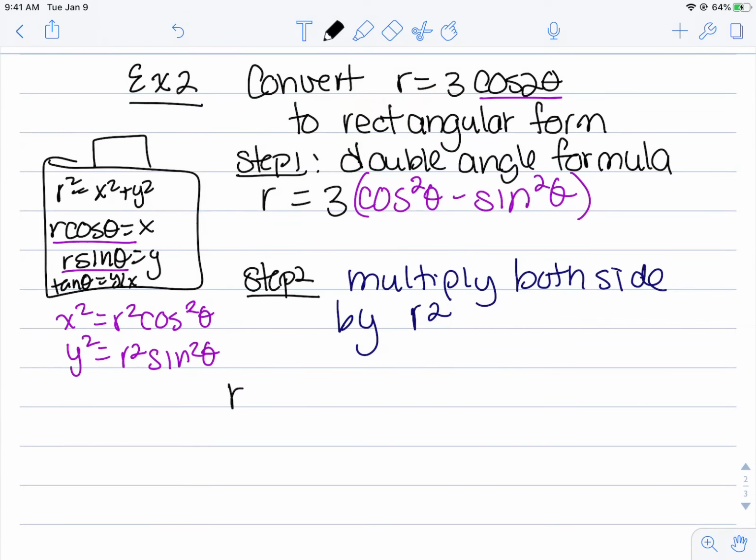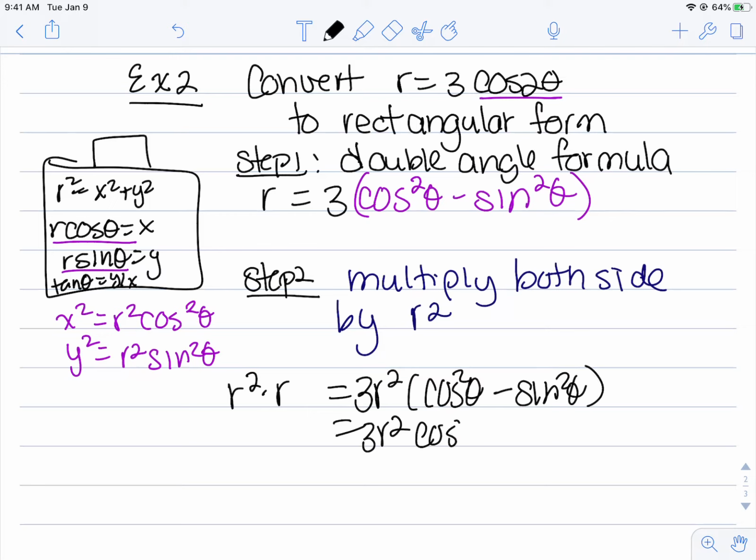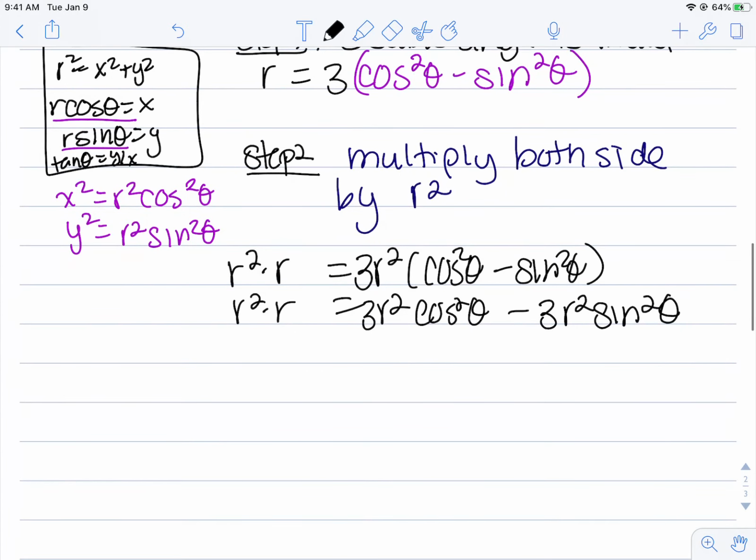So on the left-hand side, multiply by r squared. On the right-hand side, multiply by r squared. And you want to distribute that. Now I have something that I can convert. Now I'm ready to use my toolbox.